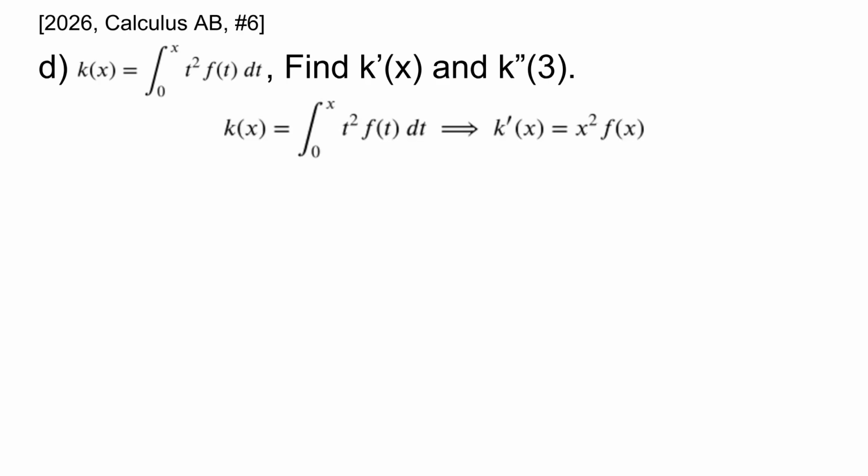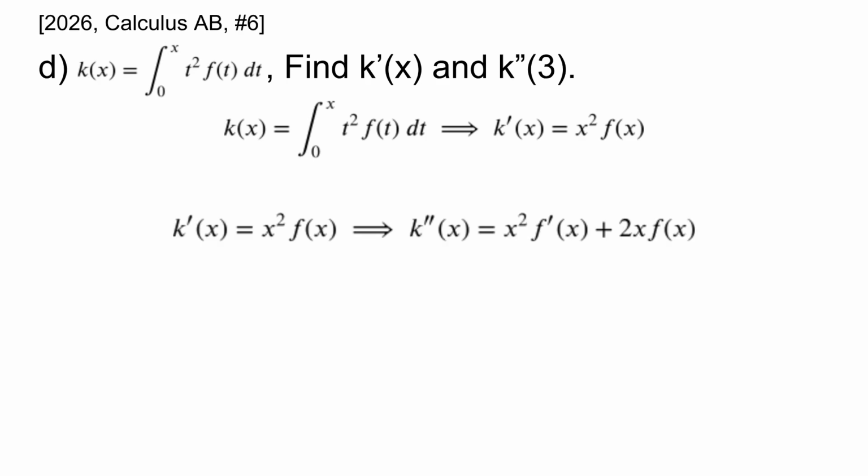The fact that k of x is the integral from 0 to x of t squared f of t dt implies that k prime of x is x squared times f of x. The fact that k prime of x is equal to x squared times f of x implies that the second derivative, k double prime, is x squared times f prime of x plus 2x times f of x. That's just an application of the product rule.